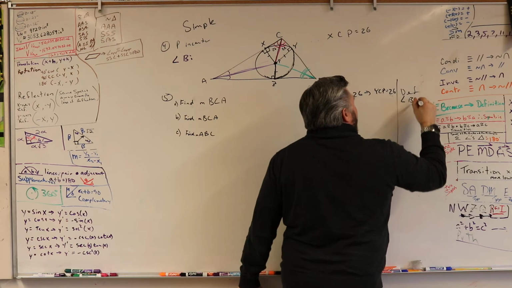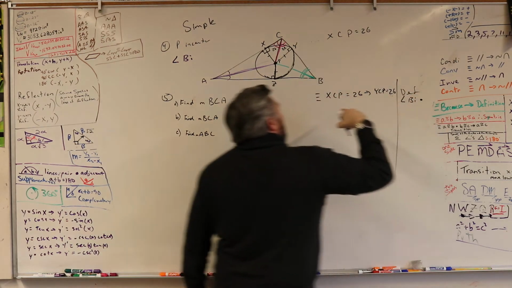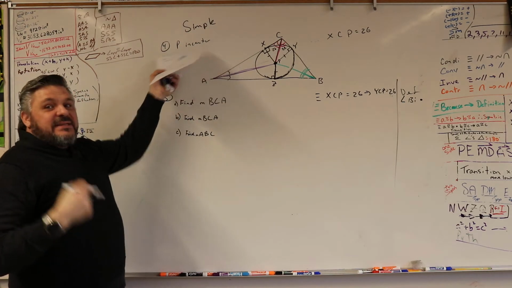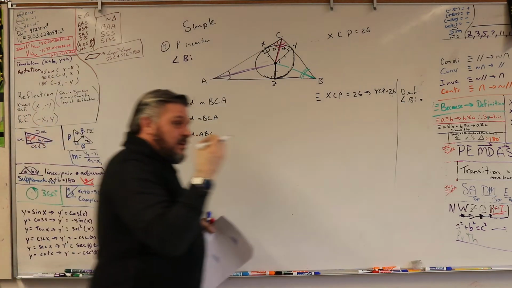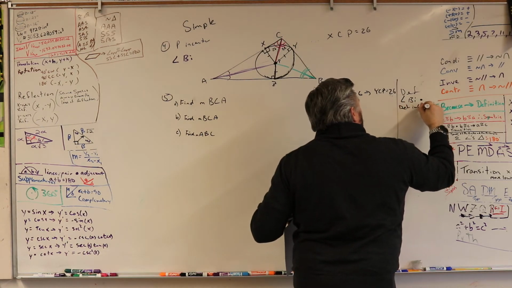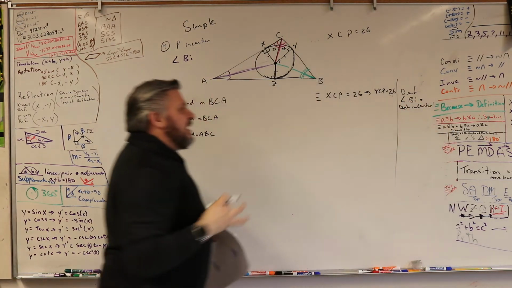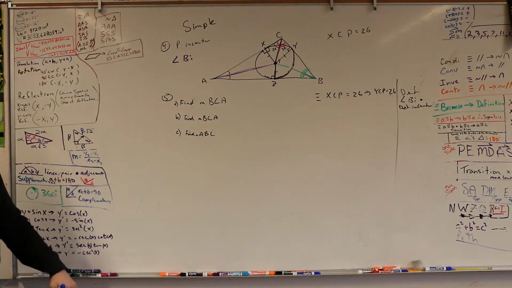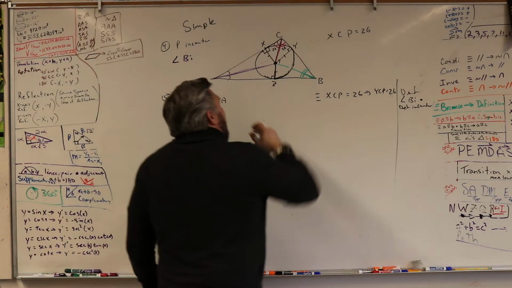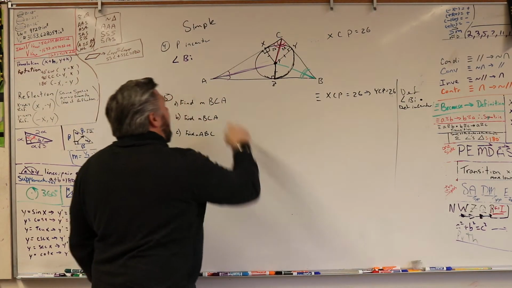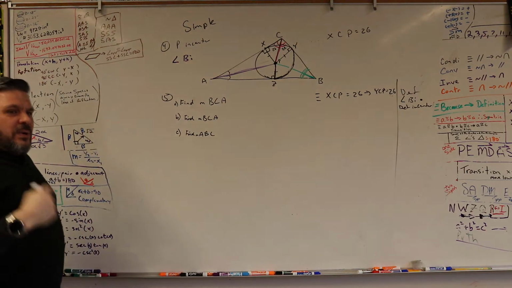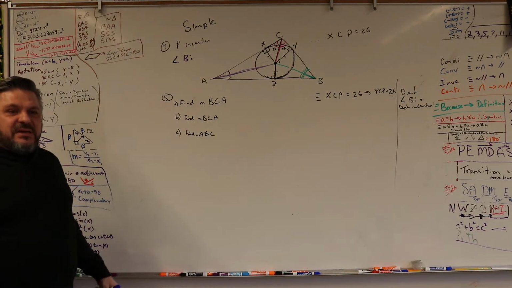Which also is given, and the other reason we know that that's true is because it's the definition of an incenter, right? So there's a lot of reasons how we can say those two are 26. Now, XCY or ACB, right, would equal 26 plus 26, right?